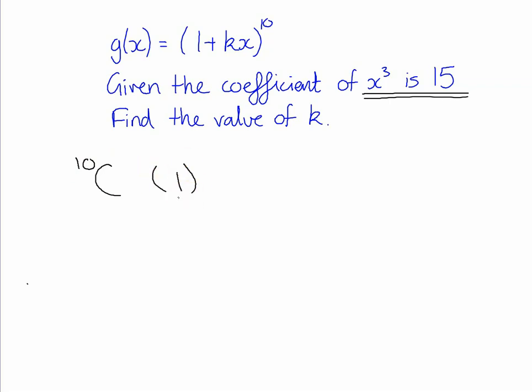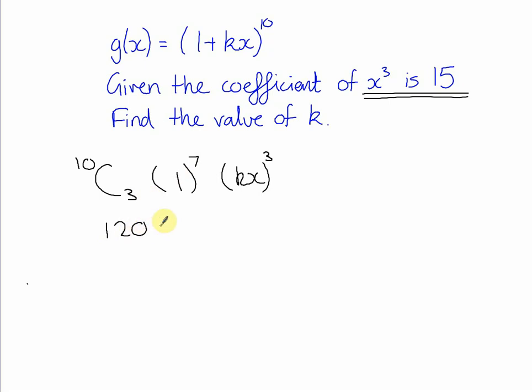So it's going to be 1 and kx. To get the x cubed term, that has to be a 3. Therefore, this has to be a 7, because the powers must add to make 10. In this instance, I'm going to put 3, but I could also have put 7 there. They are the same value. So let's work this out. What is 10 choose 3? That is 120. You've got to love 1s as a base value. You can just ignore them.